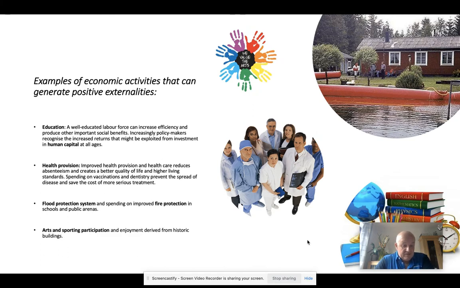And then obviously art spending and sports participation, the enjoyment derived from getting involved in those things, not just in one particular area, but clearly giving a wider appreciation of lots of things within society, likely to be of benefit to a whole range of people, which would give positive externalities.